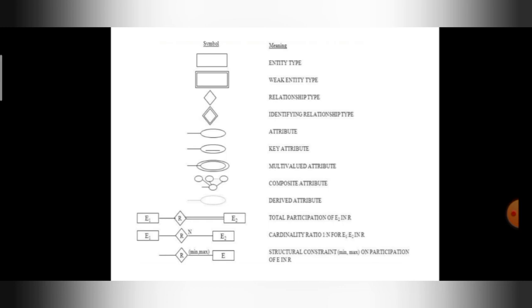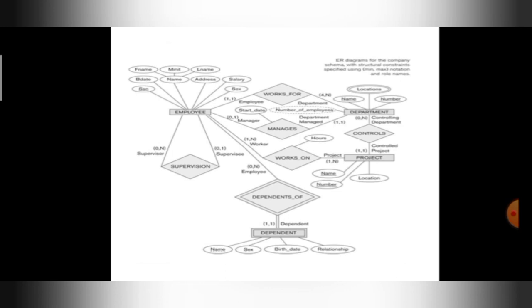Cardinality ratio means representing a 1:1 relationship, or 1:n, or m:n. I will explain that in more detail in the upcoming videos. For example, here n number of employees can work for one department. You can see that 1,1, that is one employee can work for one department, like that. Or n number of employees can work for one department.